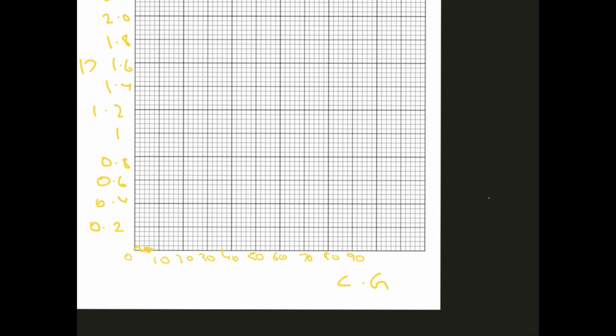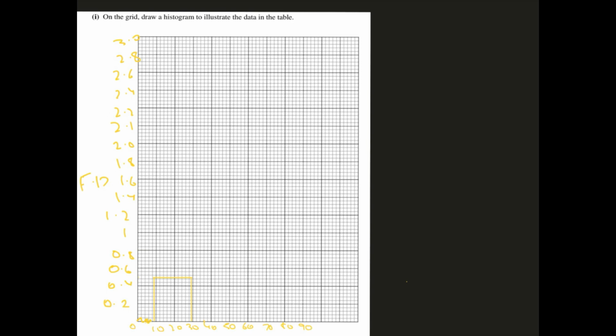So our first class group is 0.5 from 9.5 to 29.5. So this will be 29.5, right? And then we draw vertical lines to complete our columns on 9.5 and then on 29.5. So our next class group is from 29.5 to 39.5.